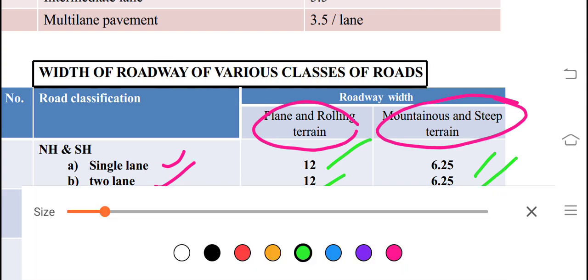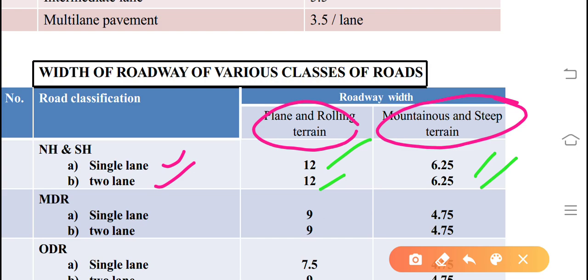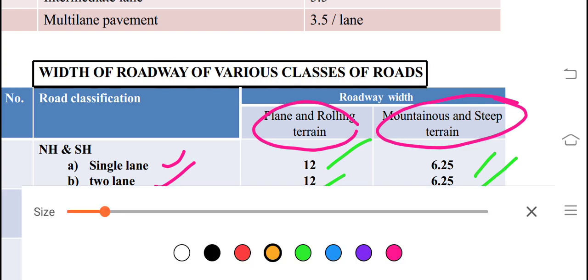Whereas MDR, major district road, for single lane and 2 lane, in case of plain and rolling terrain it is 9 meter, whereas in case of mountainous terrain it is 4.75 meters for both single lane and 2 lane.